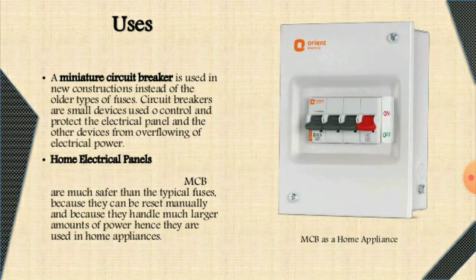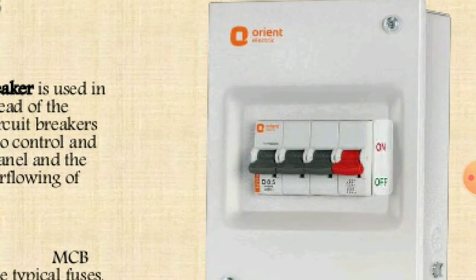So what are the applications of this? As I have said, the applications of MCB are all about modern home appliances. The basic thing you have to remember is that these MCBs are only used for low voltage applications. So these are used in all the modern homes. Like this, the arrangement will be there for MCB.